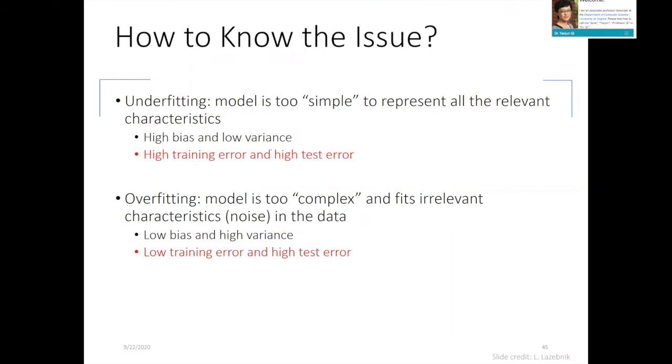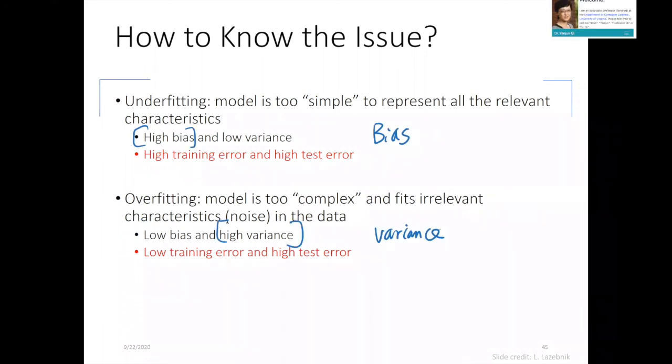A very simple strategy, like we always say: when you observe high training error and also high test error, you are underfitting. When you have high test error but really low training error, you are in this regime of high variance. So this is high bias versus high variance.